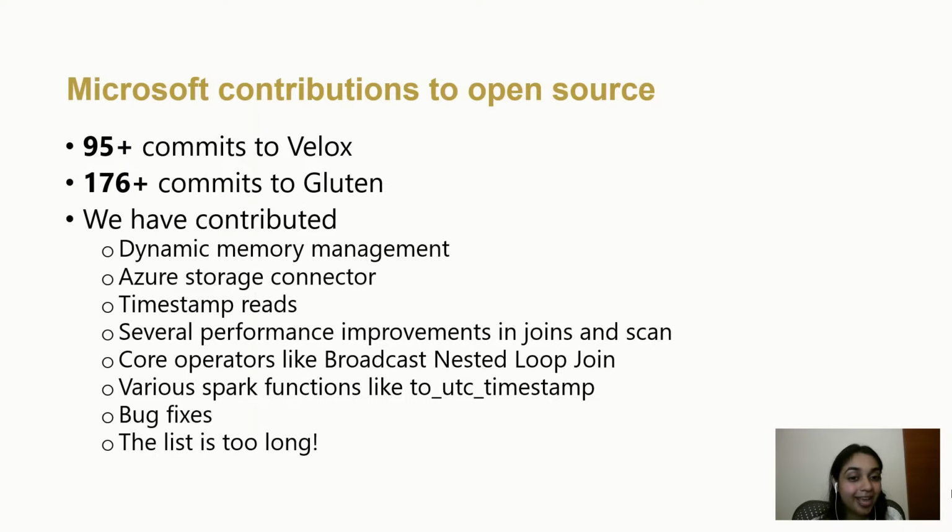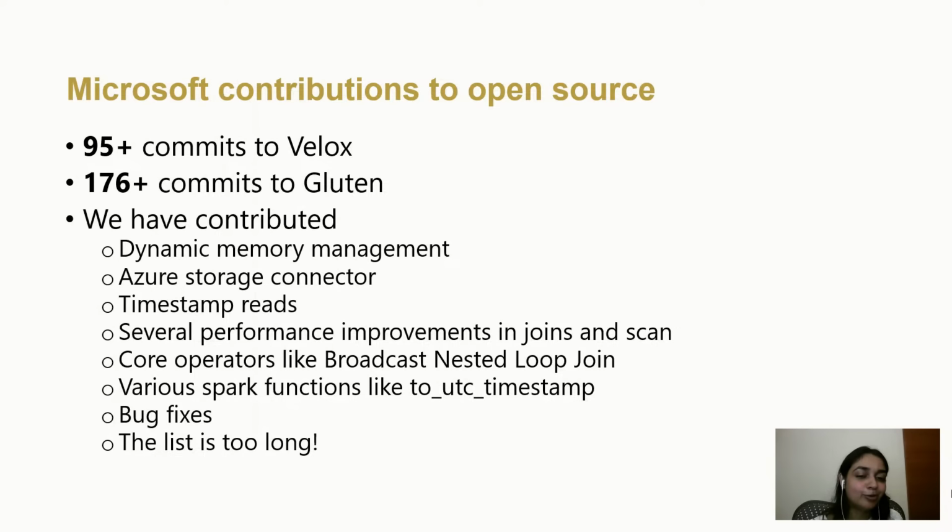We've contributed the Azure Storage Connector, which helps you read from Azure Storage accounts. We added support for timestamp data. We've contributed several performance optimizations in joins and scan, a couple of core Spark operators like the broadcast nested loop join and Cartesian product, a ton of Spark functions like various timestamp functions, string functions, and other mathematical functions, and a lot of bug fixes.